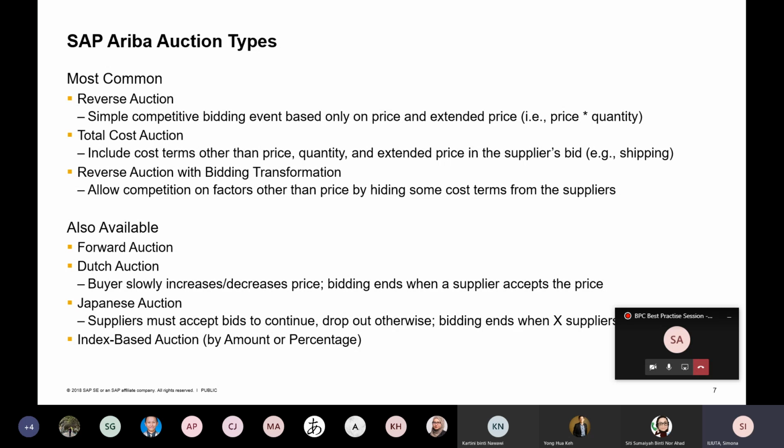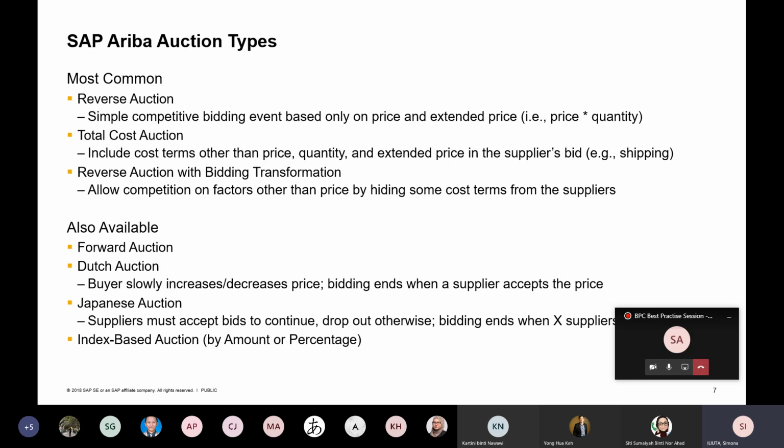In a Dutch auction, the buyer configures the system to increase or decrease the price based on an increment of time and amount, and the bidding ends when a supplier accepts the price. We will see why the Dutch auction is so aggressive. The Dutch auction can finish when the timing is up, and it can have no bid at all if no supplier accepts the price that you are showing.